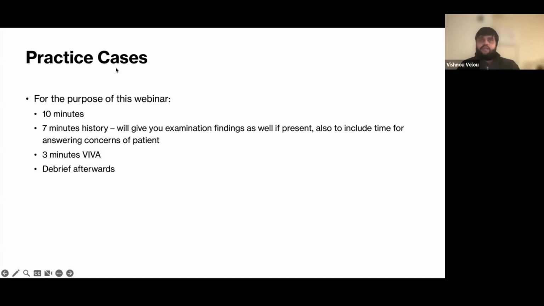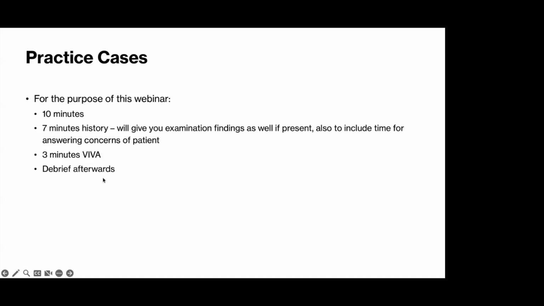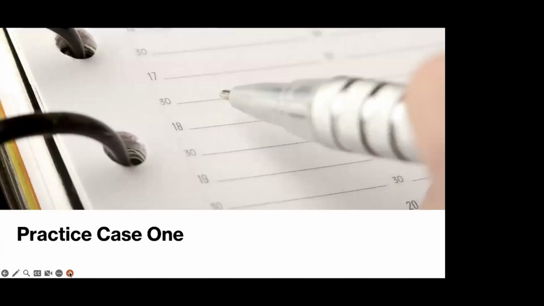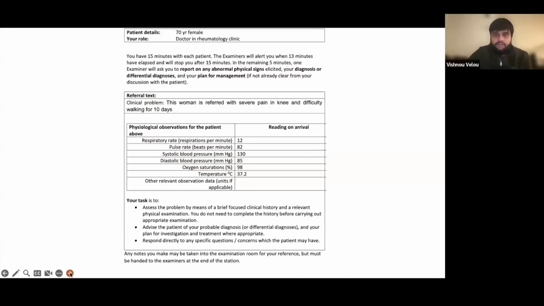But what I would like you to say is, when you're at the point of examining, you can just say what you would examine for. Happy with that? So that's the case for all the volunteers. Brilliant. Okay, so this is your case. I'm going to give you a minute or two to read that, and then when you're ready, let me know, and then I will start a timer of 10 minutes.